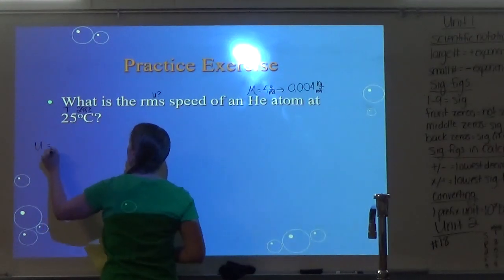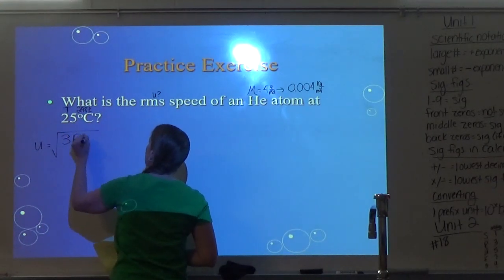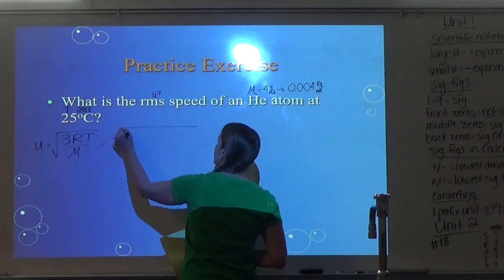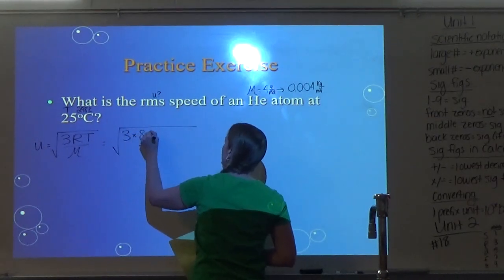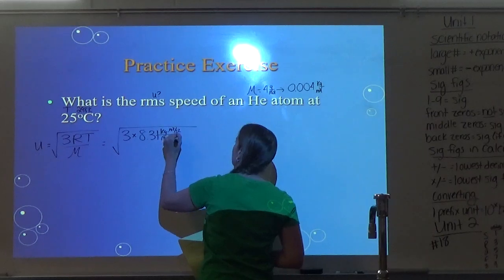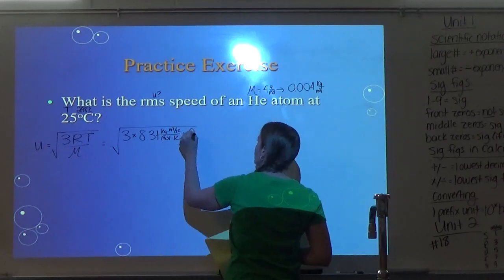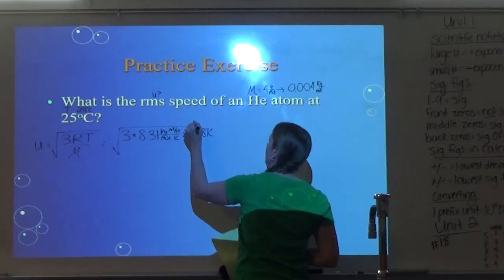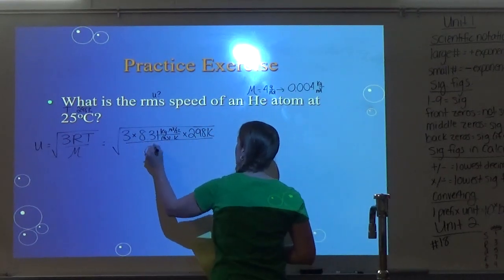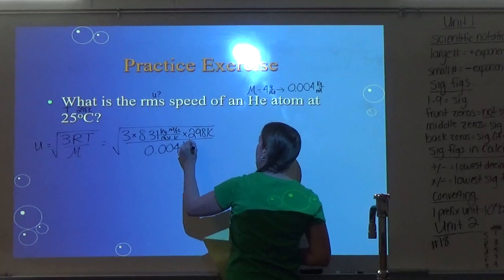So my u is the square root of 3RT over my molar mass. I just do the square root of 3 times 8.31 kilograms times meters squared per second squared over moles and Kelvin, times my temperature, 298 Kelvin, over my molar mass, which I changed to kilograms per mole, 0.004 kilograms per mole.